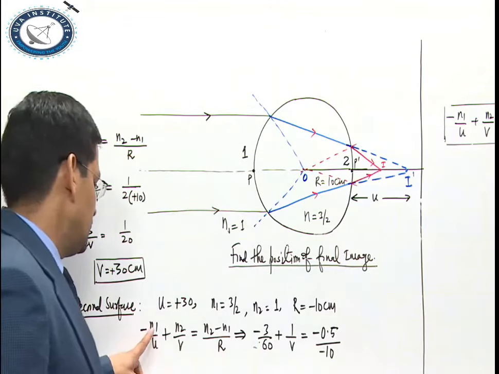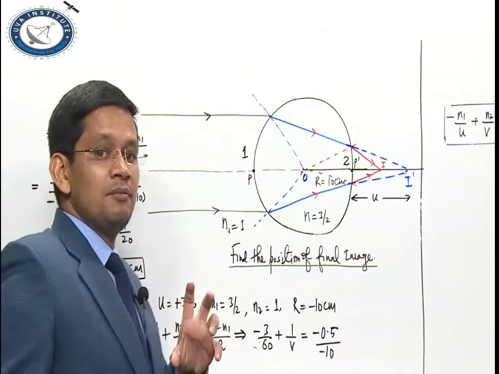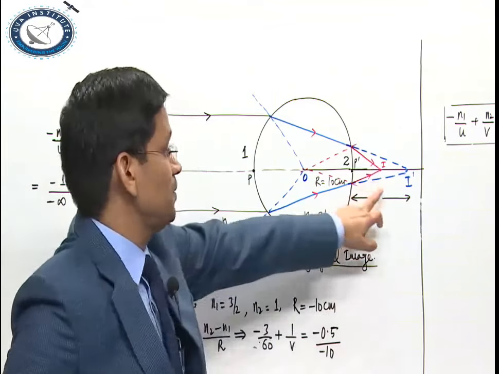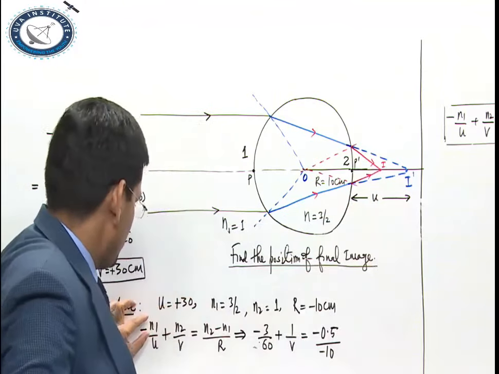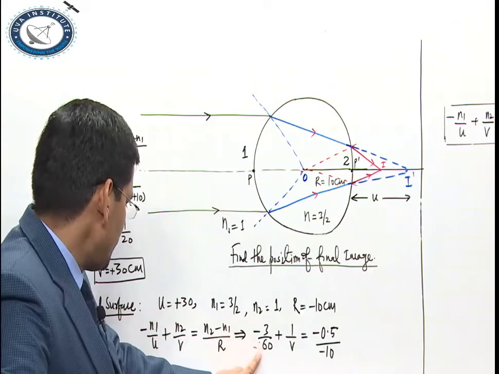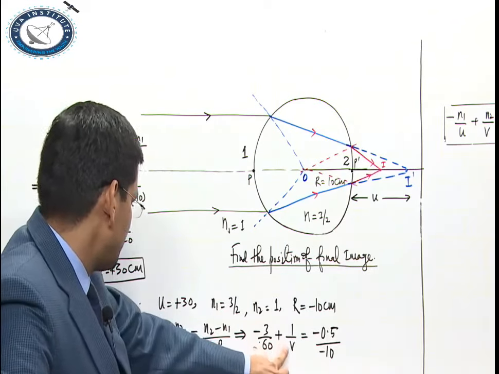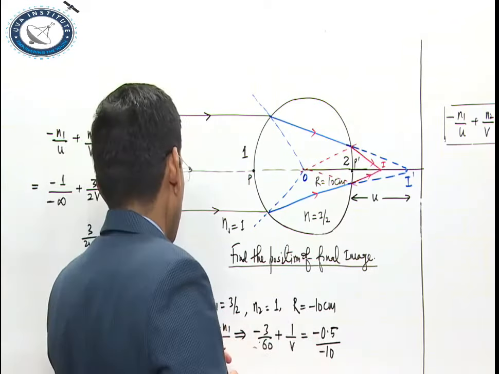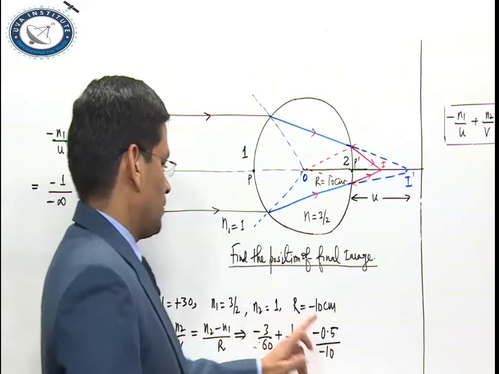Let me check it again. n1 is 3 by 2 here, n1 is the medium where the object is placed, here the object is placed in a denser medium. So, this is 3 by 2 and u is 30, plus 1 by v is equal to 1 minus 1.5 is this.